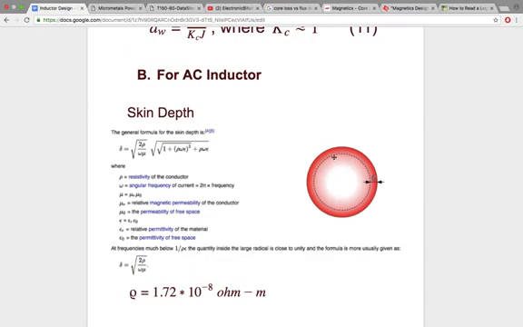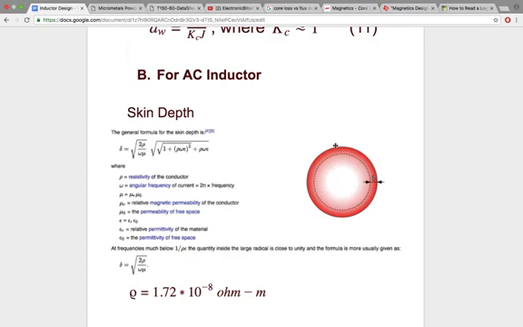The majority of current is pushed near the surface of the wire. It is not flowing in the core of the wire; only a negligible amount of current flows there.